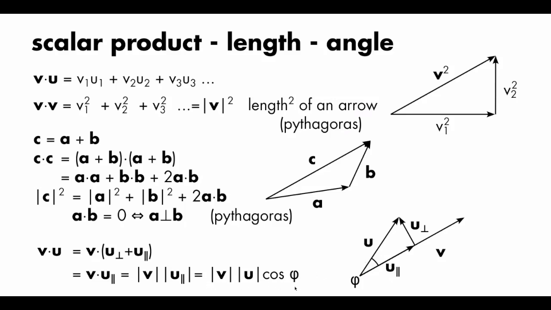And that's the classic formula for the dot product that you will find everywhere. And I think this is a very simple derivation of it. And it's important because you have the length of v, the length of u, and the angle between them, so that thing pops up in all sorts of places.